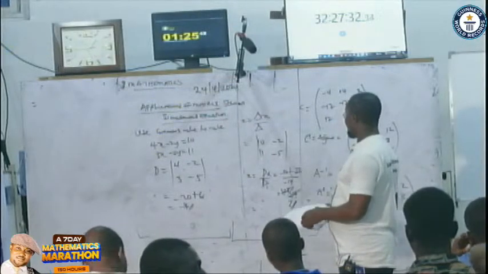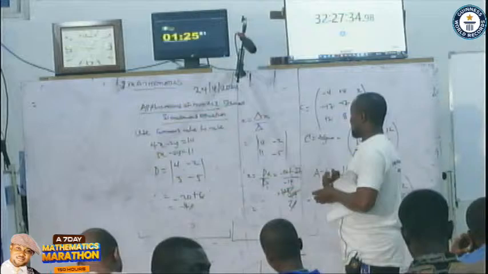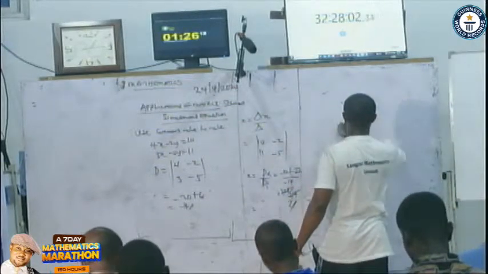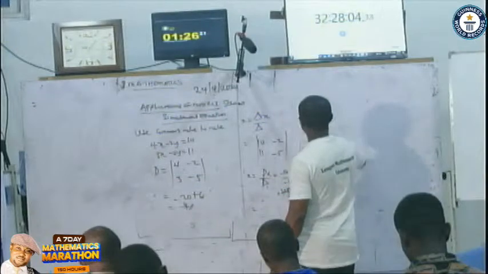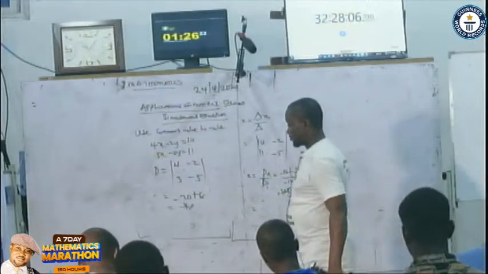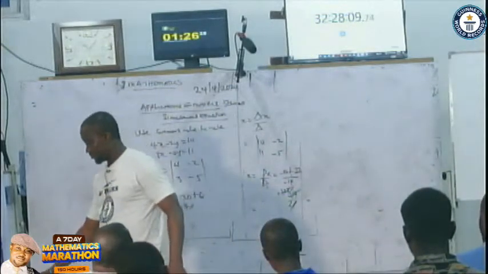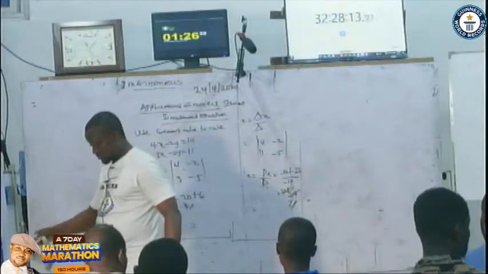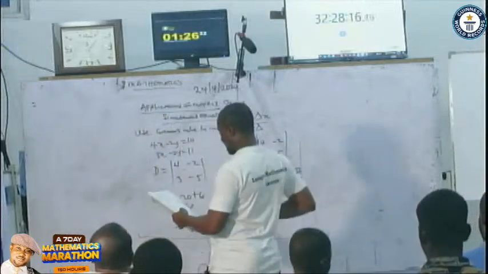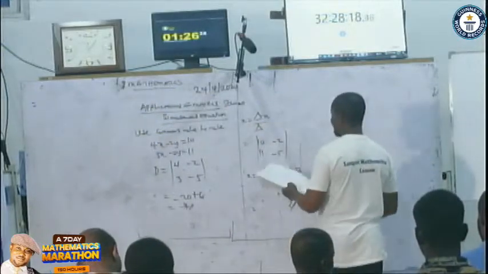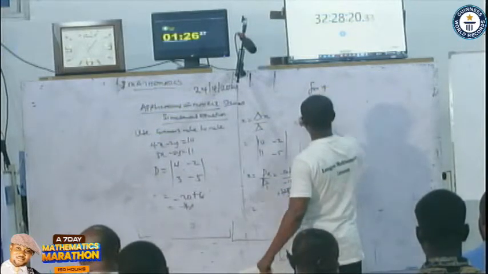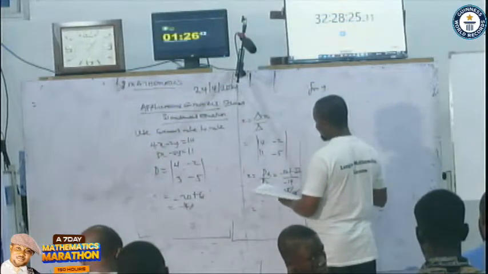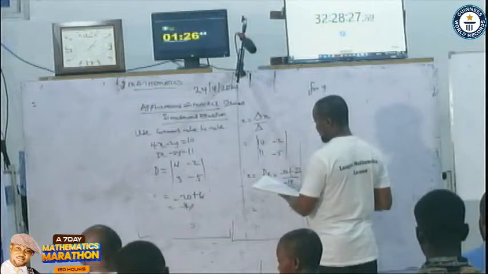So for y, the constant term will stay, which is 4, 3.